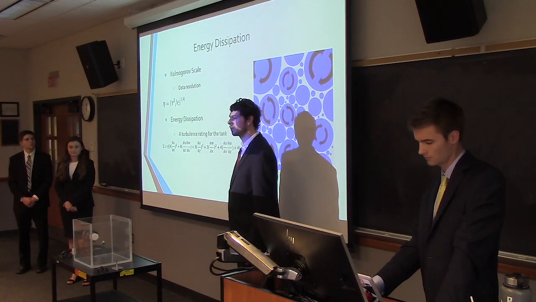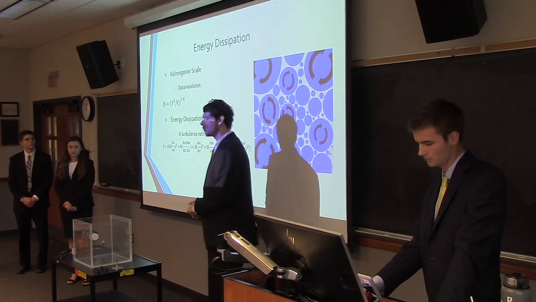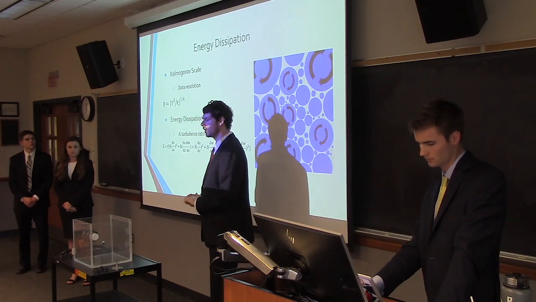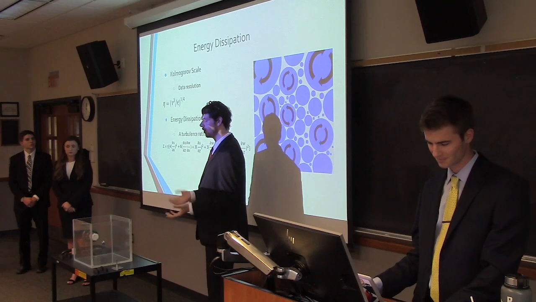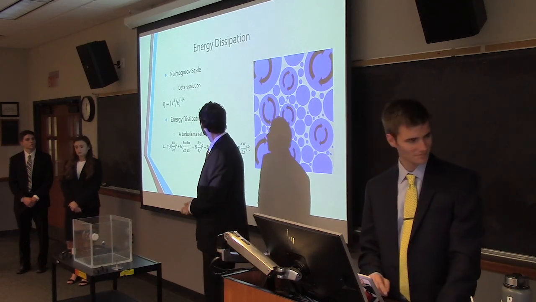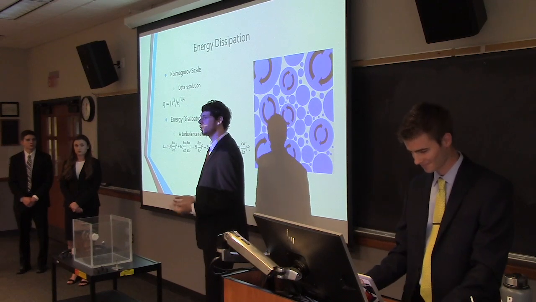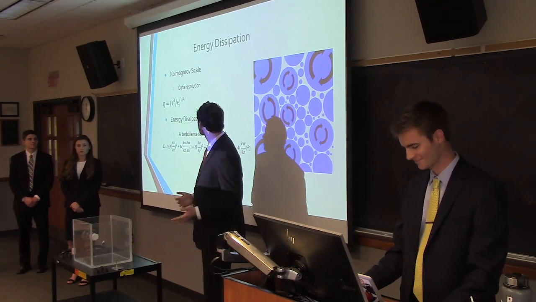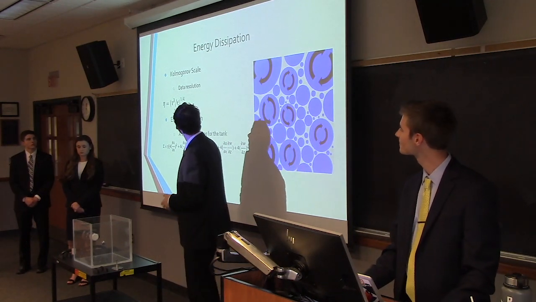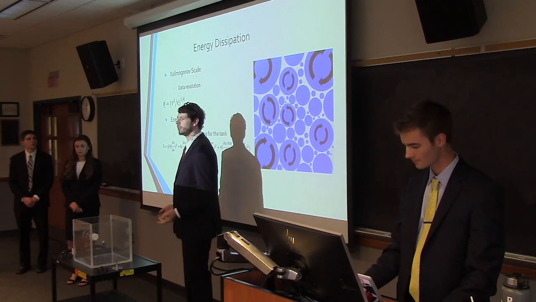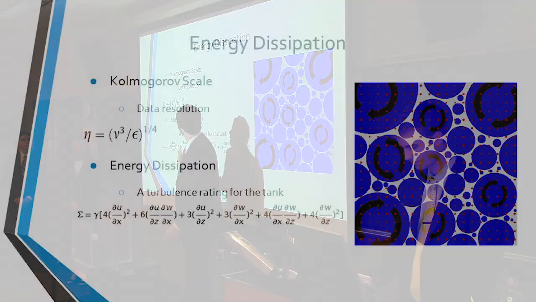Once we found that we could separate the flow into different areas of the tank and make it more uniform, we needed a set measurement to quantify how much turbulence was actually in different parts of the tank. To do that, you needed to do some calculations and find what's called the Kolmogorov scale.